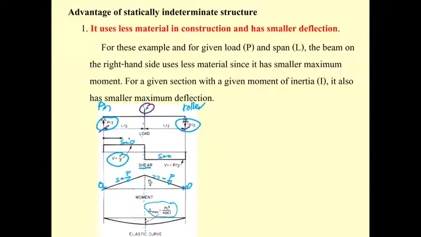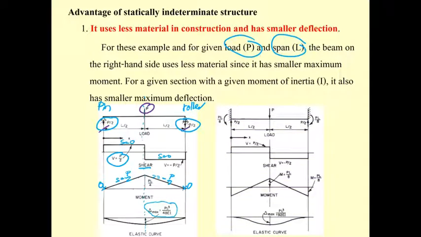And the same thing, if the same force is applied to a beam with the same span, and this time we change the supports from pin to fixed at both ends. Now this structure changes to a statically indeterminate structure.